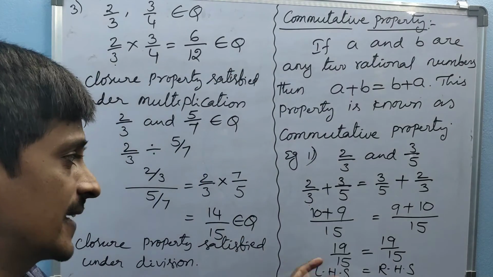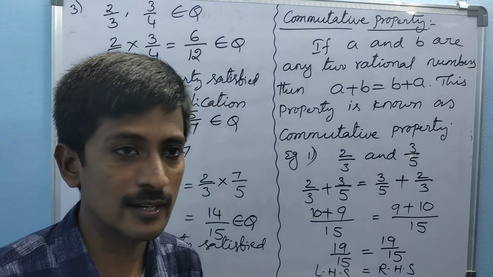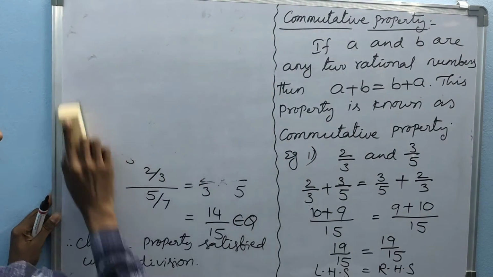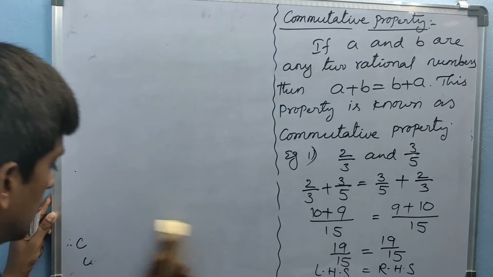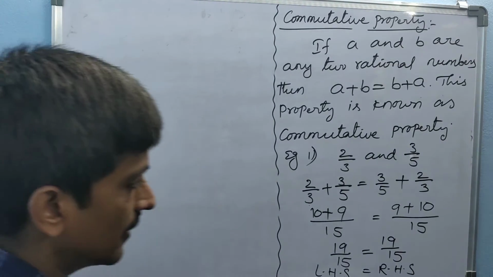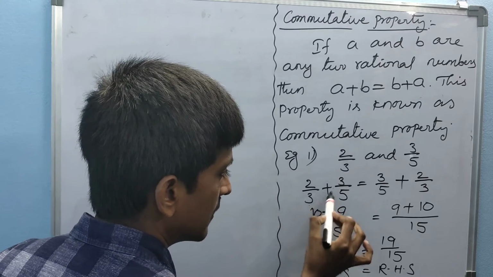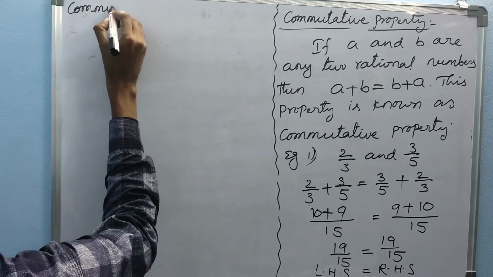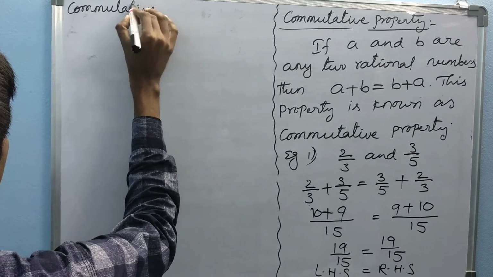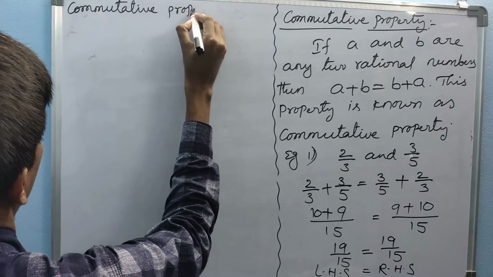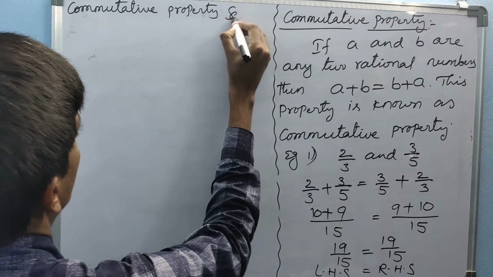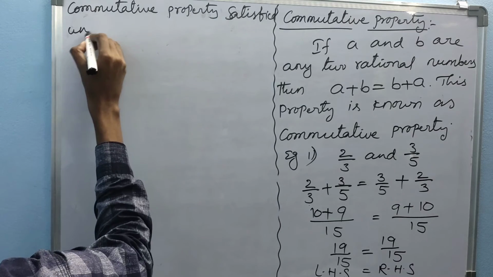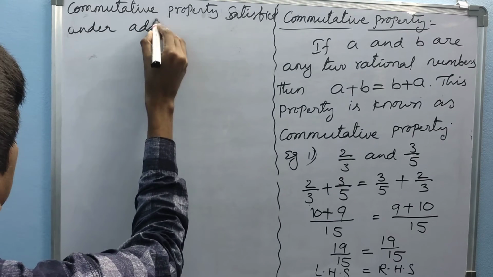Both sides are equal, so this property is known as commutative property. Here the fundamental operation is plus. That's why commutative property is satisfied under addition.